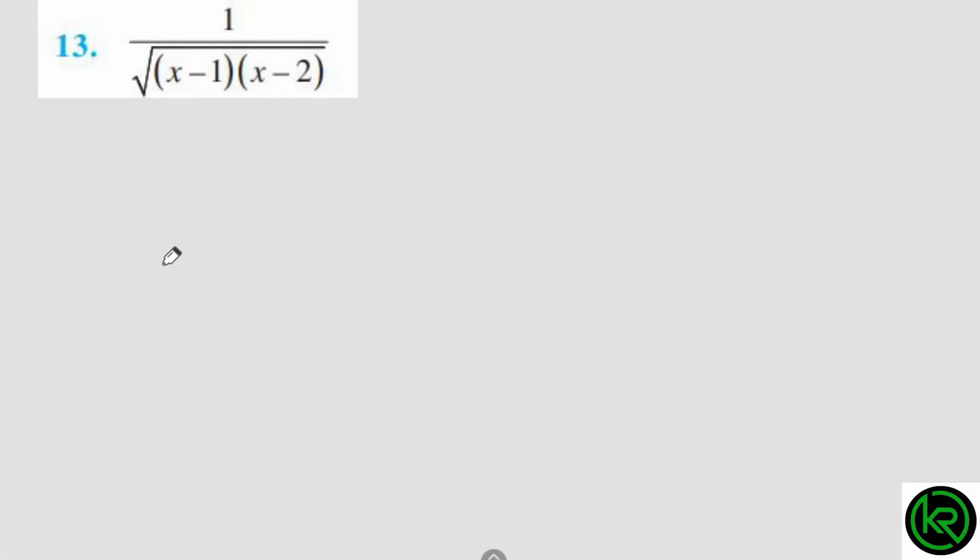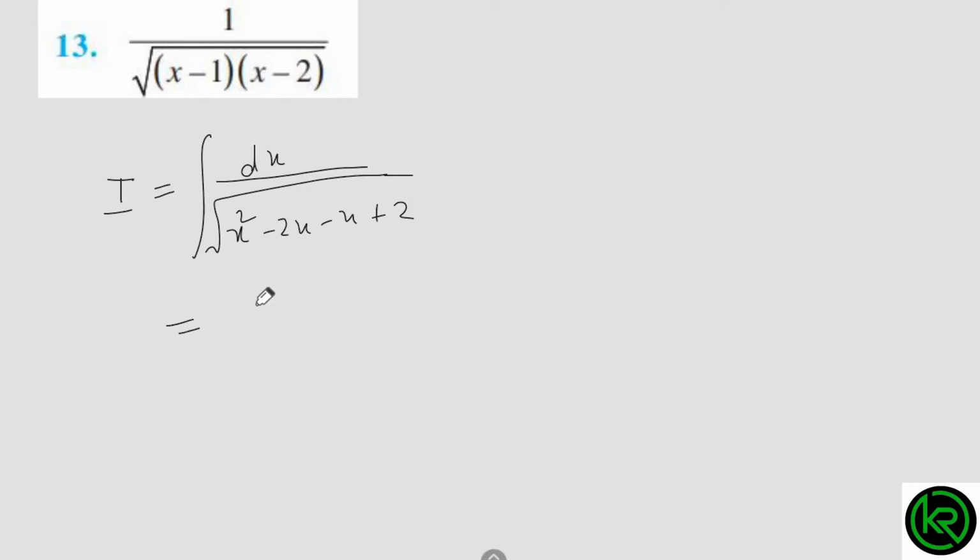Next question students, I is equal to here ∫dx upon √((x − 1)(x − 2)). So students, you can multiply this, you will get x² − 2x − x + 2. Okay, so you are getting ∫dx upon, and the x² coefficient is already 1, so our first step is already complete.